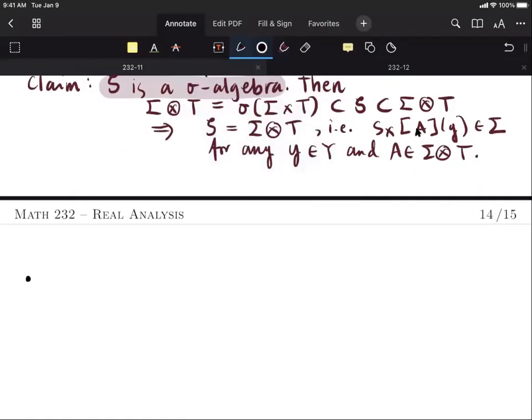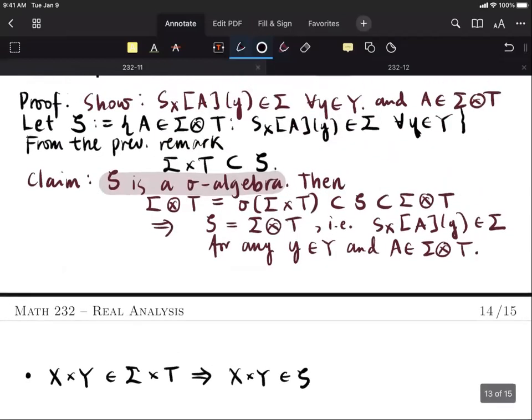Here, the whole space X cross Y is obviously in sigma cross T, because both of these are sigma algebras. This implies that X cross Y is in S.